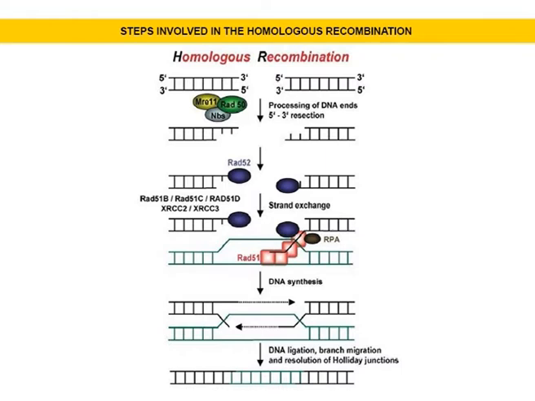Assembly of the Rad51 nucleoprotein filament is facilitated by Rad51 paralogs and BRCA2. The single stranded DNA is attached to a ring complex formed by Rad52. This protects against exonucleolytic digestion.